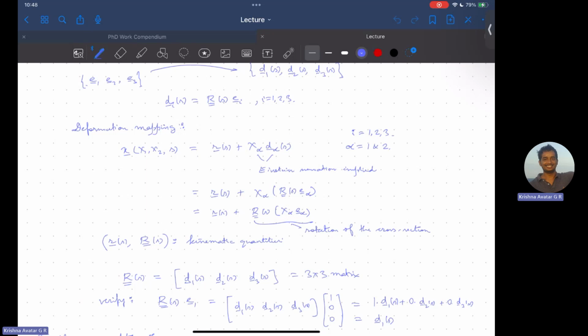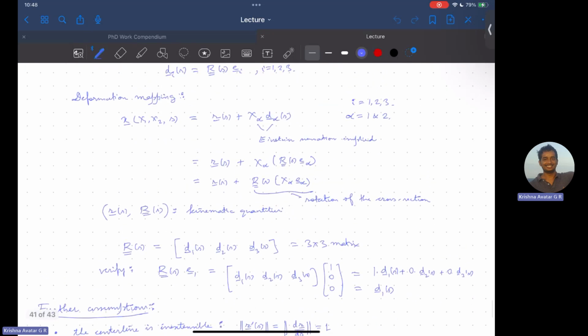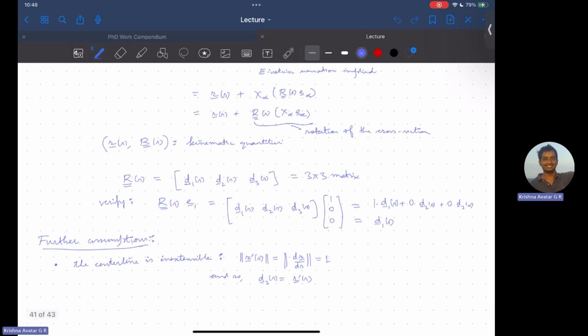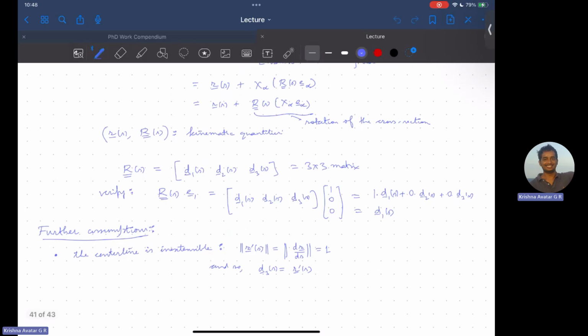The rotation matrix can be formed by simply stacking the basis vectors D1, D2, D3 side by side. We also verified whether this mapping is really true, just for the case of E1.